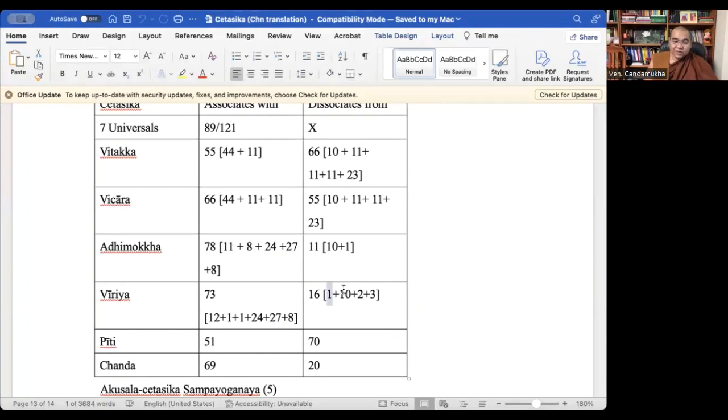So no need to make any effort. Whatever object comes into contact, it receives. And after that it naturally, automatically adverts to their respective doors. So that is Pancadvaravajjana Citta, five-door adverting consciousness.